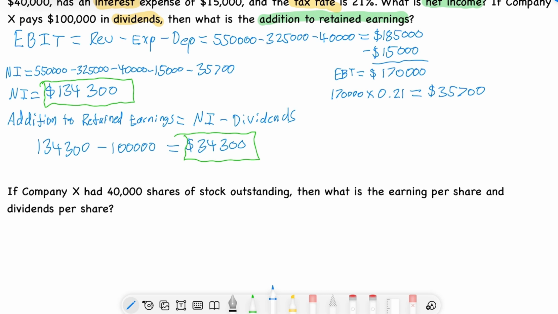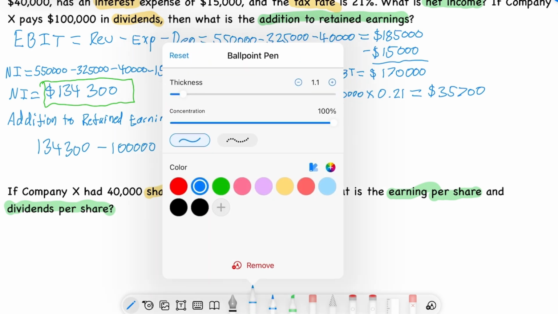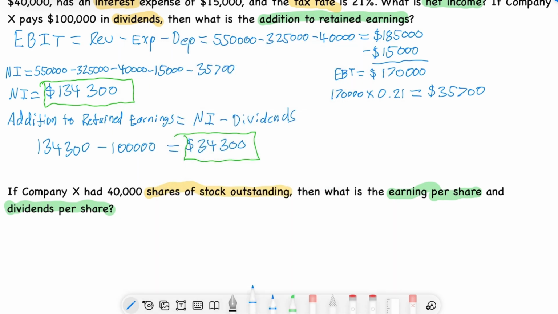The next problem is a continuation of the last one. And in this case, we are given the shares of stock outstanding we have, and we want to know the earnings per share and the dividends per share. Anytime you see the word per, that's going to mean we're dividing.